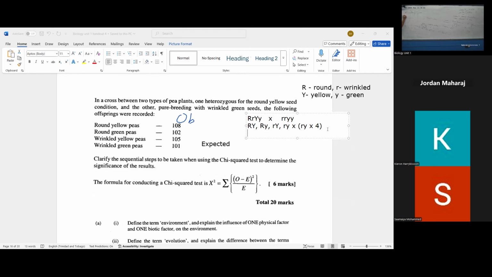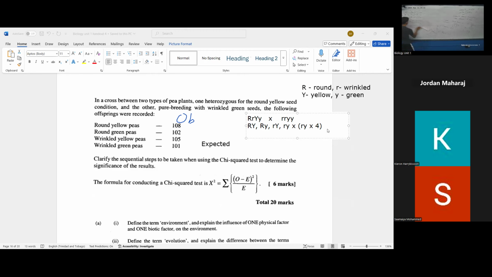That would be our cross, right? That would be our diagram.